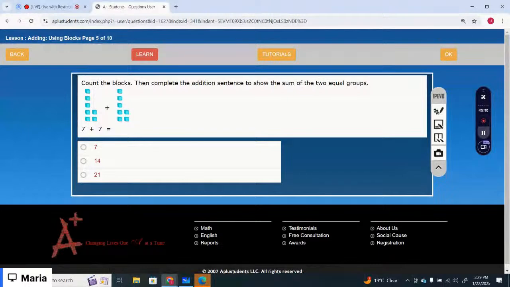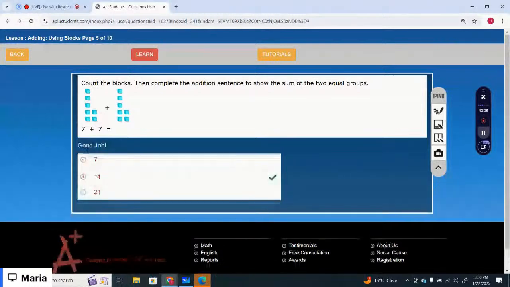Count the blocks. So which is the correct option? That is 7 plus 7 makes 14. Option number 2 is the correct option.